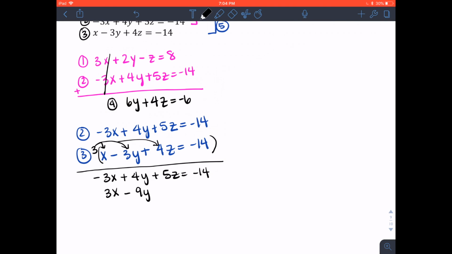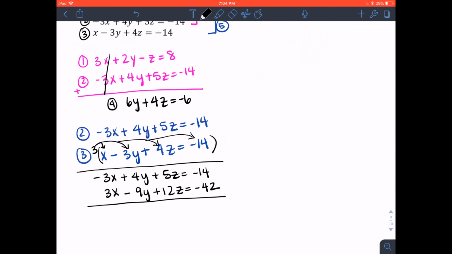We have 3 times 4z, which is 12z. Then we have 3 times negative 14. What is that going to be? That's going to be negative 42, I believe. Let me double check that with a calculator. Negative 14 times 3, yes, that is negative 42.